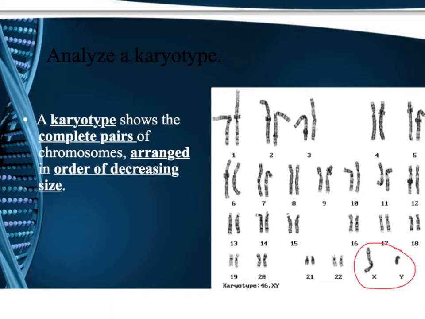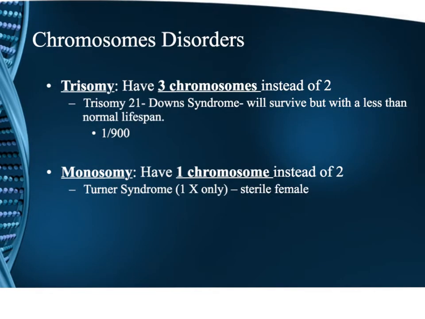Now let's take a look at some problems. What happens if you have a mistake with a whole chromosome? Not just a mistake in your A's and T's and C's and G's, but you get a lot of extra DNA, or you're missing a lot of DNA.